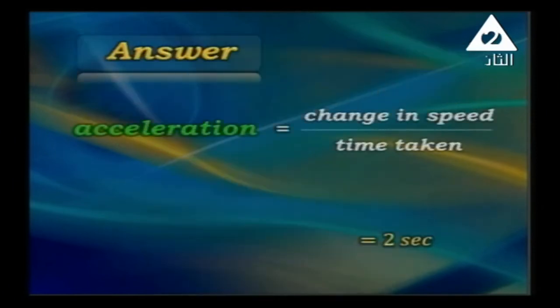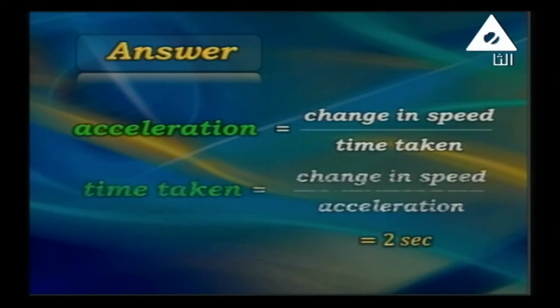We have this answer. Acceleration, the meaning of acceleration, is the change in speed divided by the time taken. It takes 2 seconds. How come? So here we have the change in speed and we have the time taken. Change of speed divided by the acceleration equals what? Equals 2 seconds like this. 20 meters per second divided by 10 meters per second squared. So we have 2 seconds.